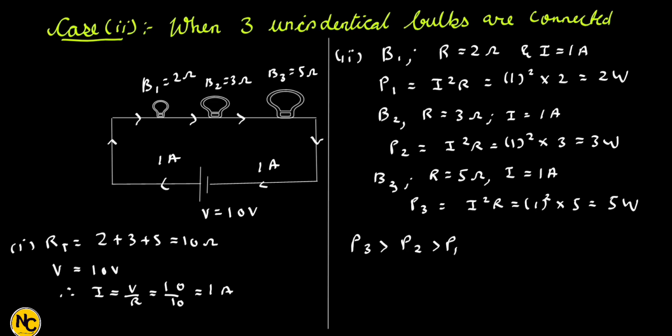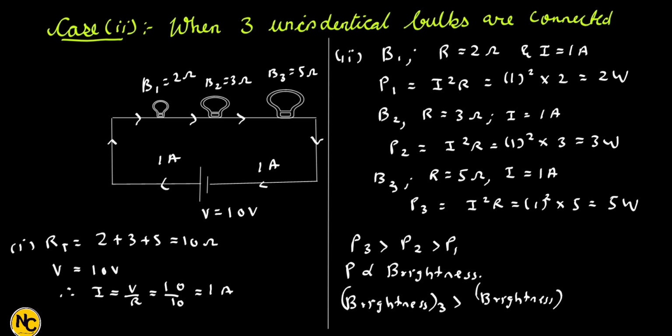We know that power is directly proportional to brightness. So the brightness of the third bulb is greater than the brightness of the second bulb, and the brightness of the second bulb is greater than the first one.